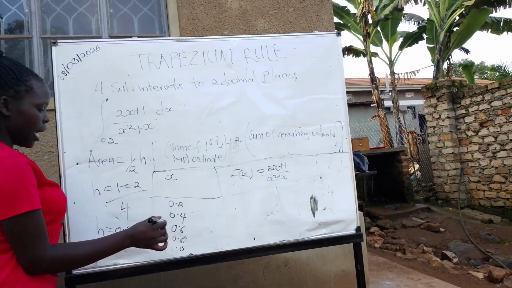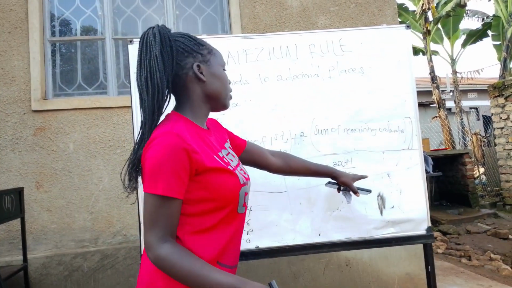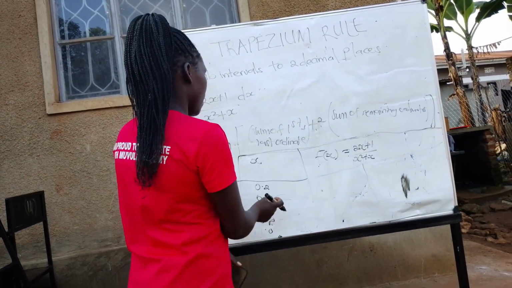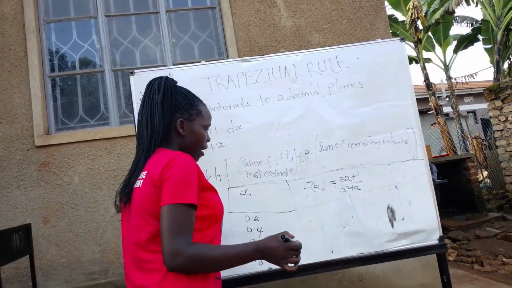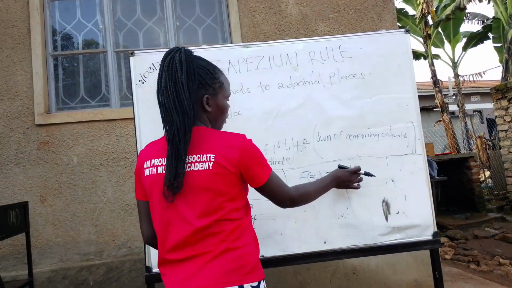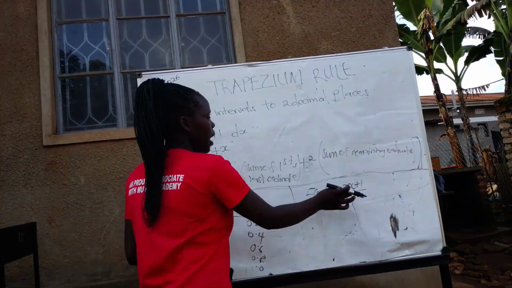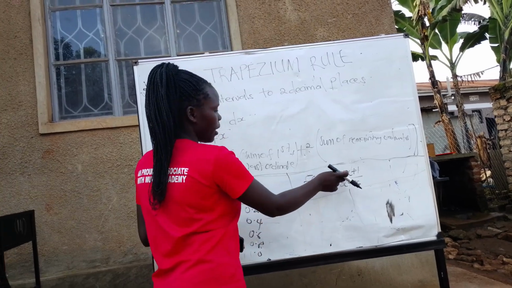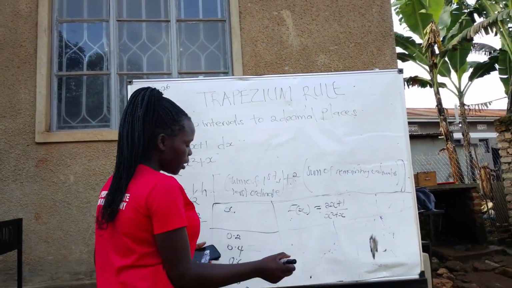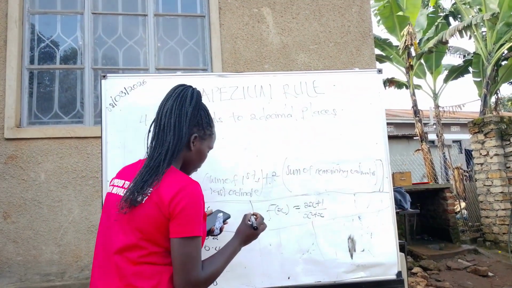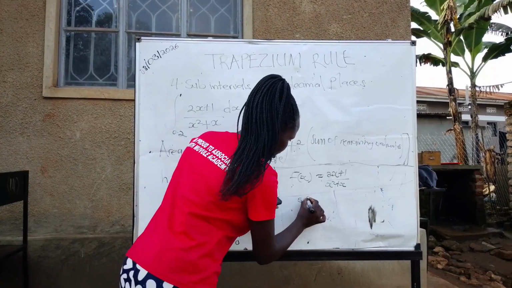And from there, we are going to get our values of f of x by putting our x into the formula. Our first value of f of x is (2 times 0.2 plus 1) over (0.2 squared plus 0.2), which is 5.833.